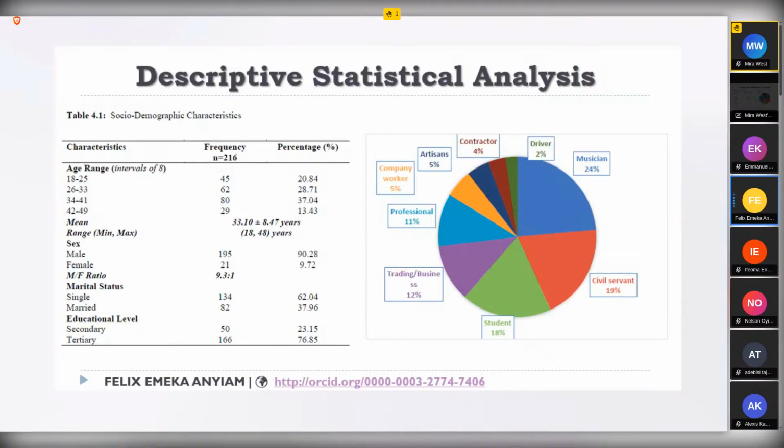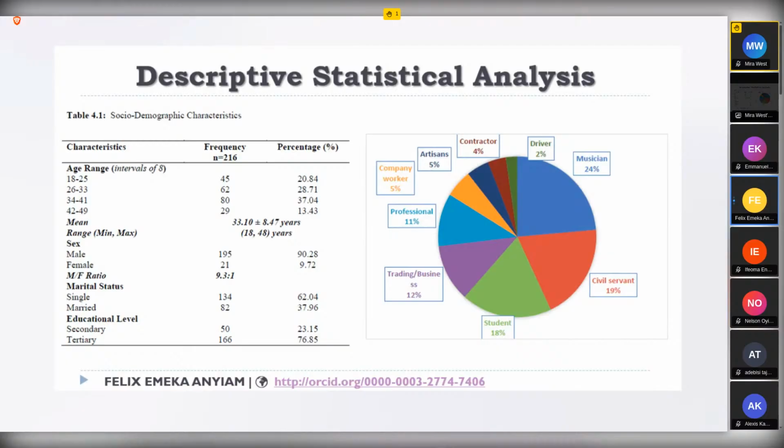And those within 26 to 33 were 62, which gave us a percentage of 28.71. And you can also summarize by saying that those who were 34 to 41 had the highest percentage. So we had more people within the age range 34 to 41, giving us a percentage of 37.04.